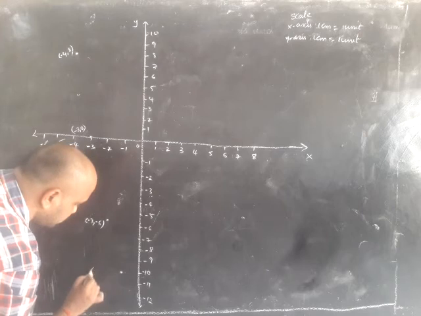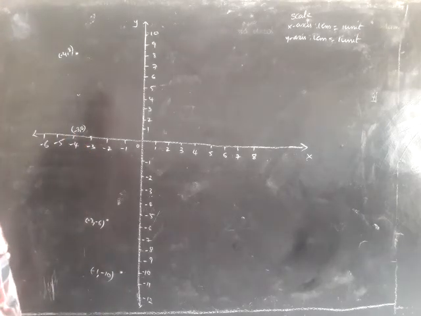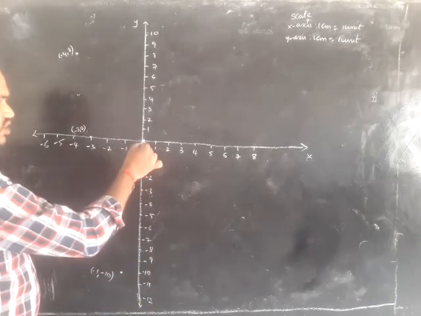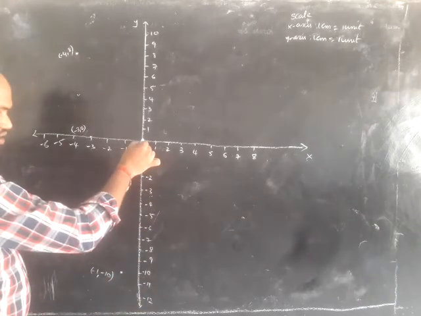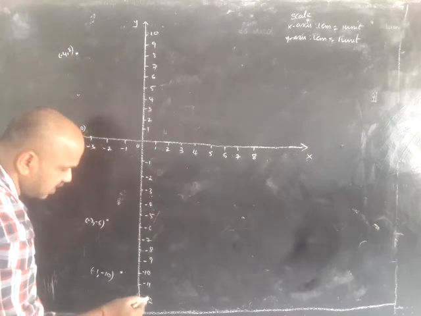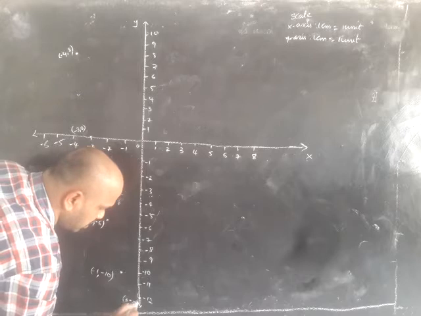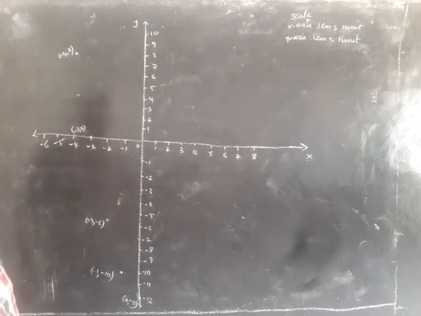Next 0 comma minus 12. 0 comma minus 12 will be here. On the y-axis the x value will be 0.